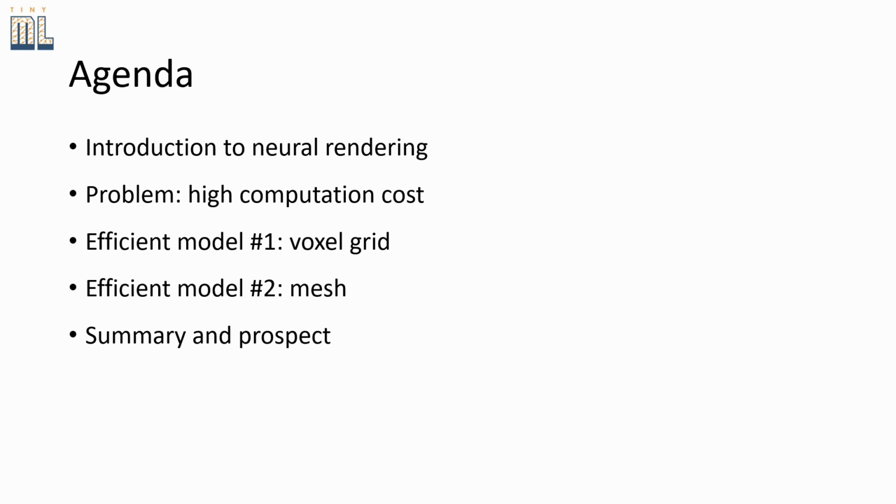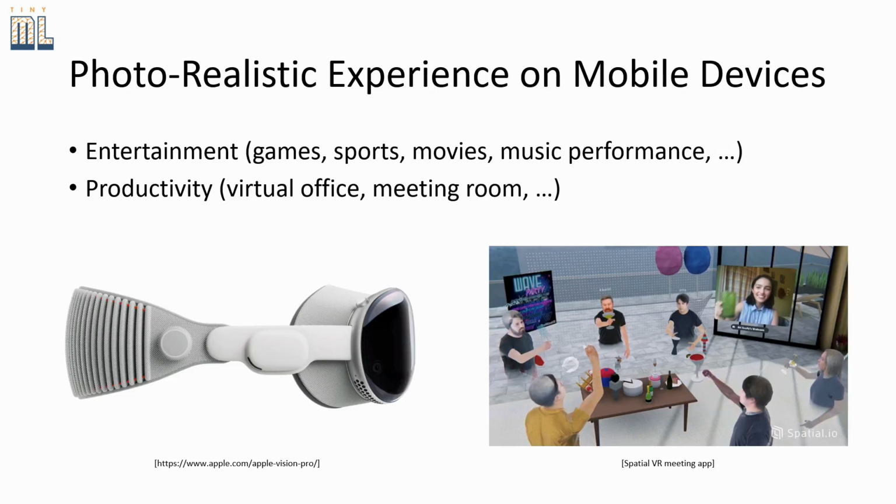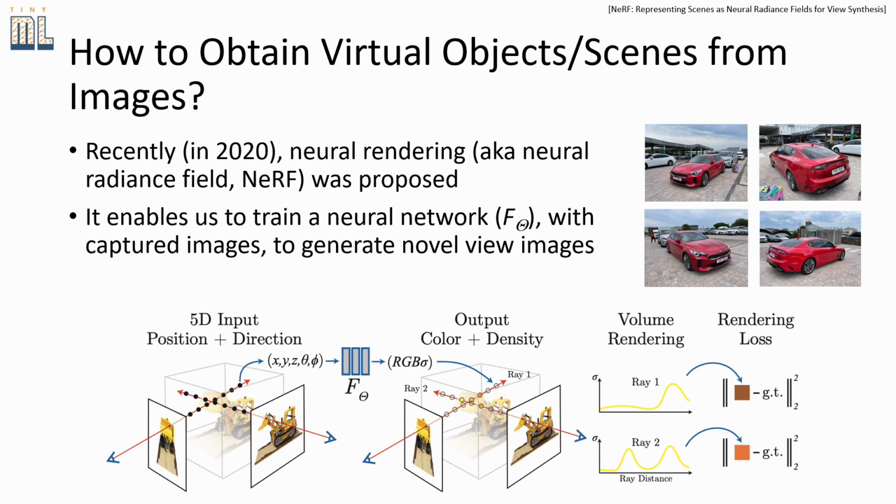So on this kind of mobile devices, we expect a photorealistic experience for entertainment and productivity. But for such a device, one of the key technical questions will be how to obtain virtual object with your captured images.